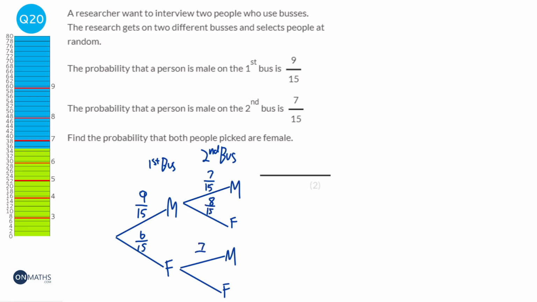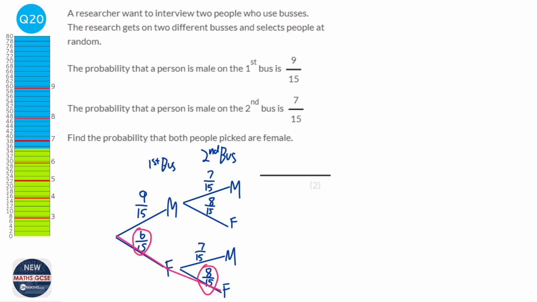And it's independent, so these will be the same. And the question is basically asking what is the probability that both will be female. So to have both female, we need to have gone down this line at the start and then this line again. Okay, so looking at the fractions along the way, it's 6 over 15 and 8 over 15.